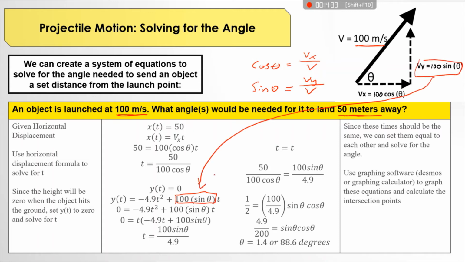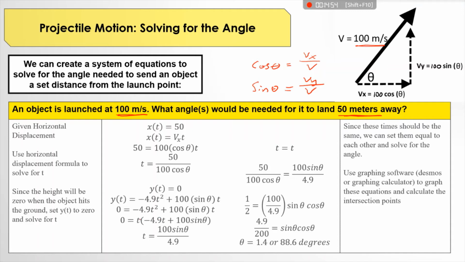So I'm going to plug in our vertical velocity. Okay, now that we've got our vertical velocity, I can factor out a time from both of these. If I pull out one time from both of these, I'll end up with our next line, which is t times negative 4.9t plus 100 sine theta.